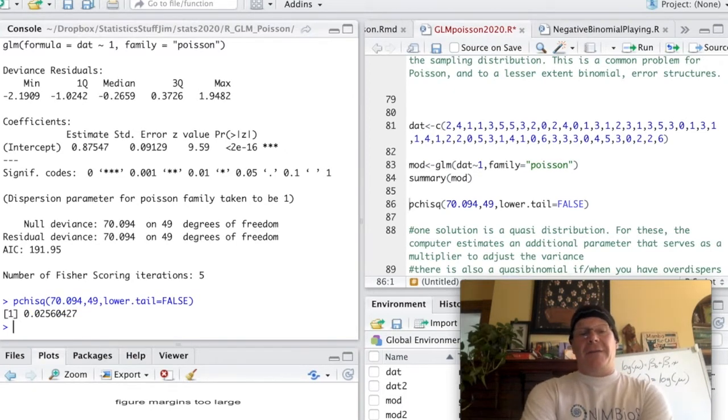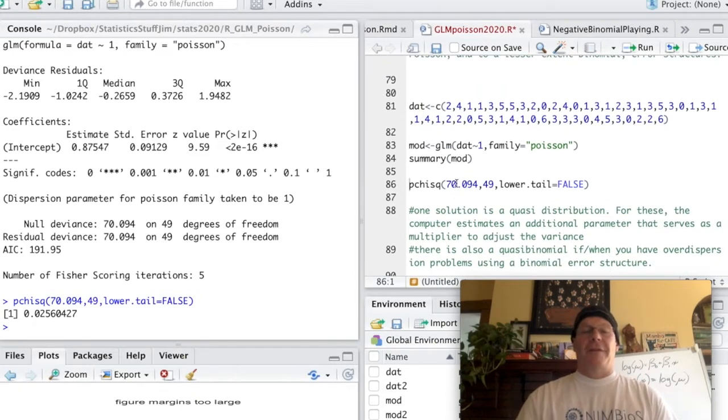I do that and I get 0.025. That's the p-value using that chi-square distribution, which means that if we stick with a threshold of 0.05, our observed data are significantly different from the data predicted by the model. And that's not terribly satisfying, because we'd like to be able to trust any hypothesis testing that we might do.